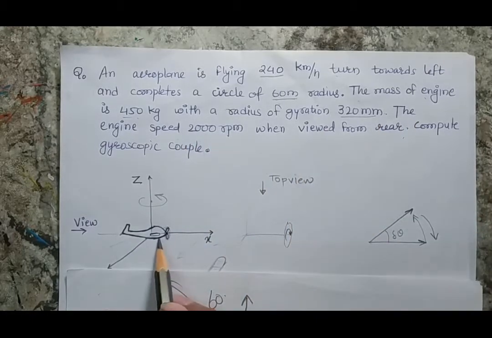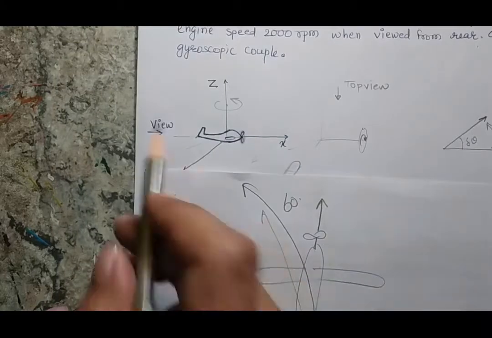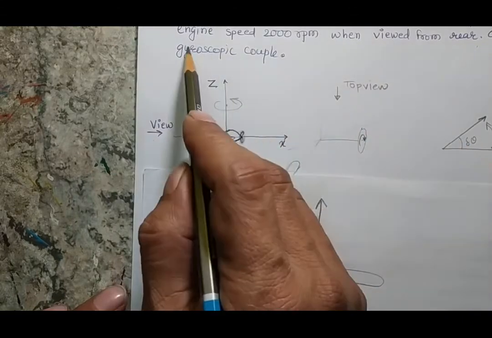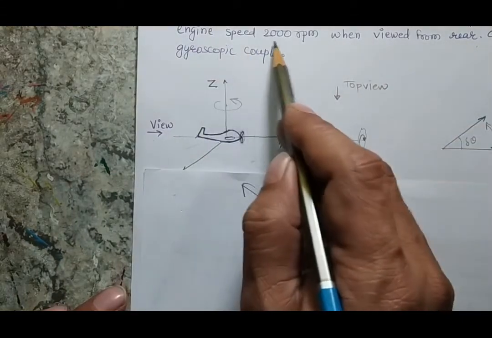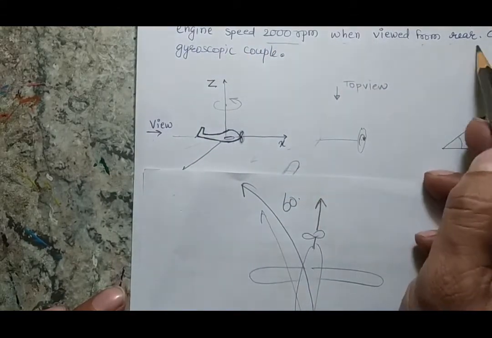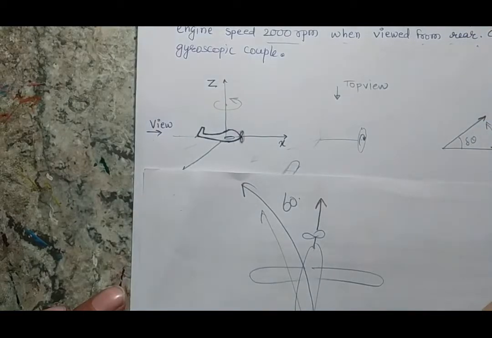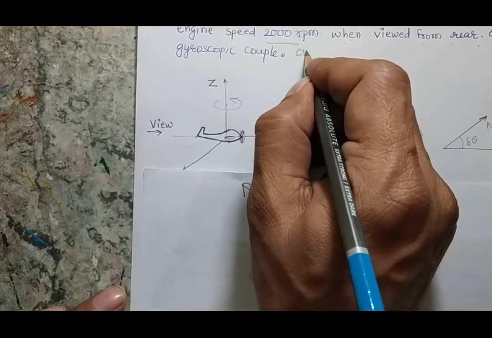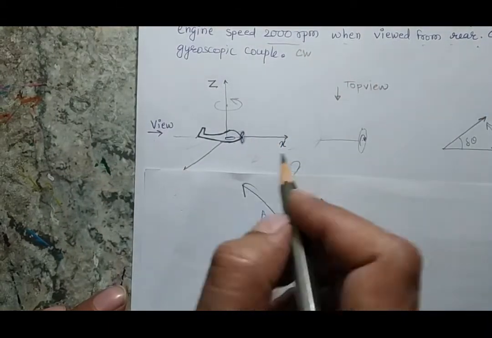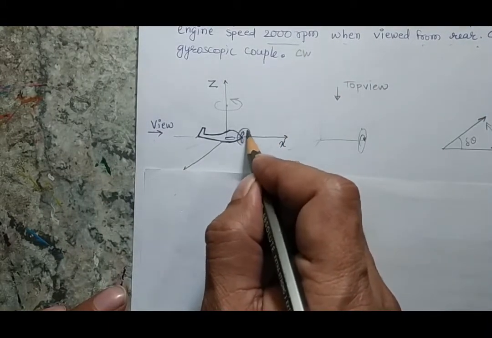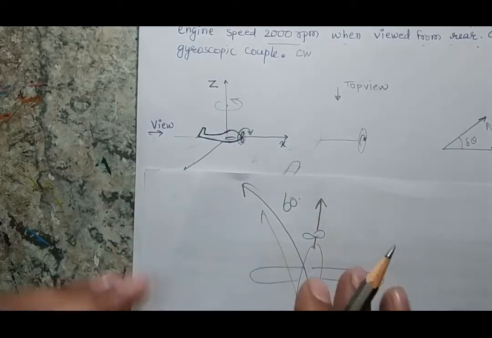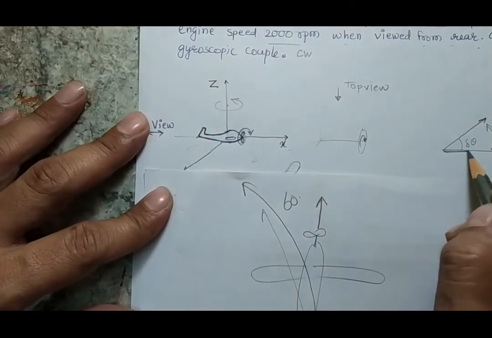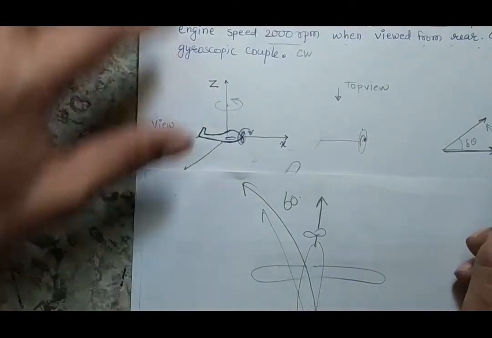That means this is my plane, I am looking from the back, and the engine speed is 2000 rpm, and in this question the direction is clockwise. So it is rotating in the clockwise sense when I look from the back. That means the angular velocity vector will be in this direction, because my screw will go in the forward direction.